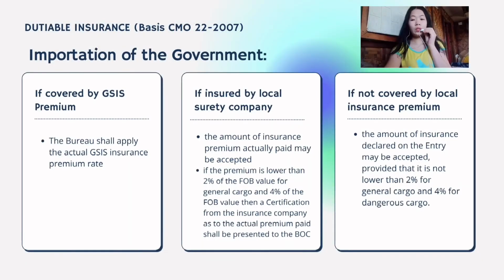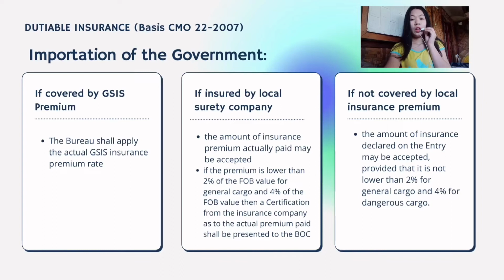The next one is importation of the government. So if covered by GSIS premium, the Bureau shall apply the actual GSIS insurance premium rate. Then, if insured by a local surety company, the amount of the insurance premium actually paid may be accepted.